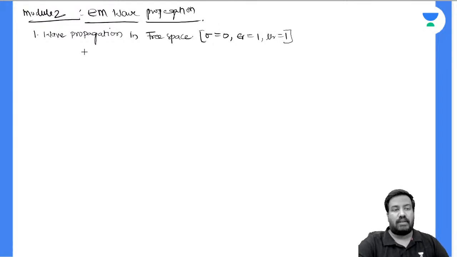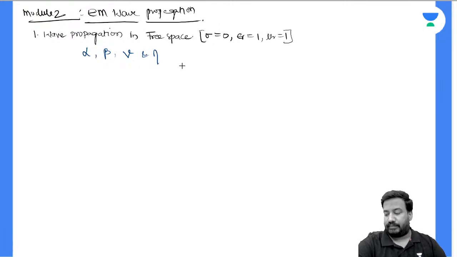Here we got the attenuation constant alpha, phase shift constant beta, velocity v, and intrinsic impedance eta. Is that clear?